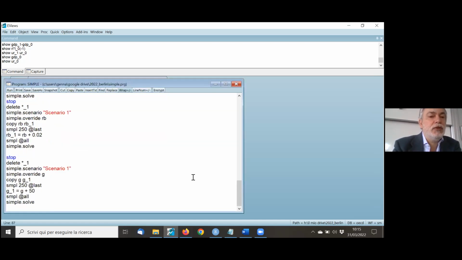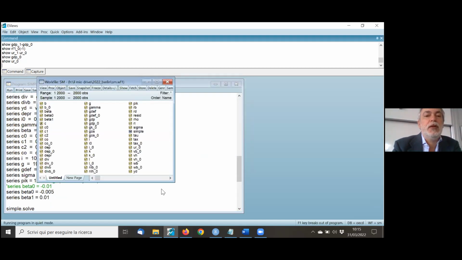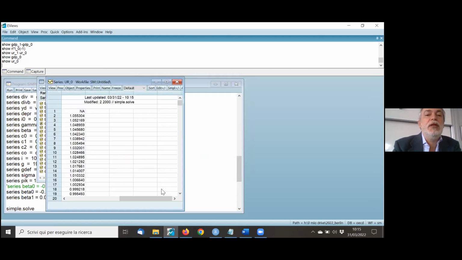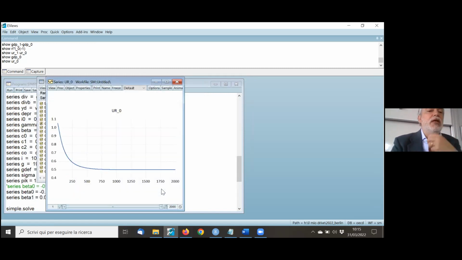You could see actually what if we change this only slightly. I think it may still create problems. So you see, as we increase this value, we will have a drop in the utilization rate and GDP will increase.